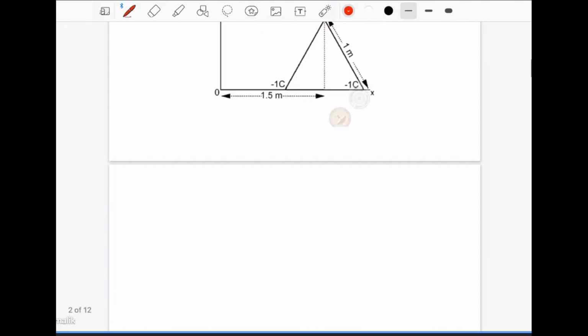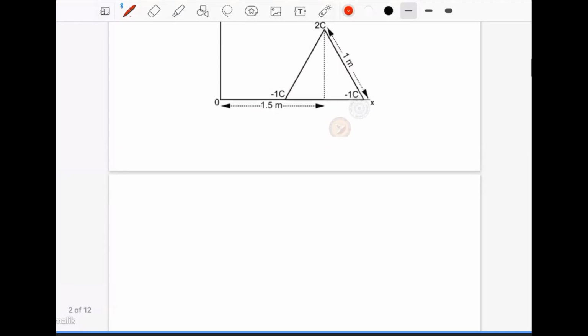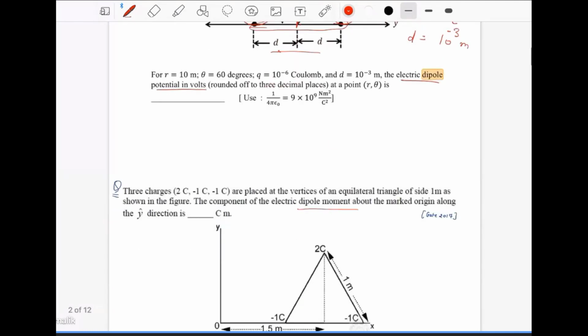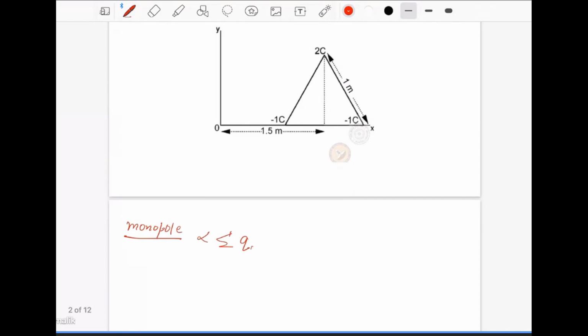The best way to solve the problem is to check whether it is making an electric dipole moment or not. For the case of monopole, as I have told you, it depends upon the summation over charge q. So we have to see the summation of all the charges.